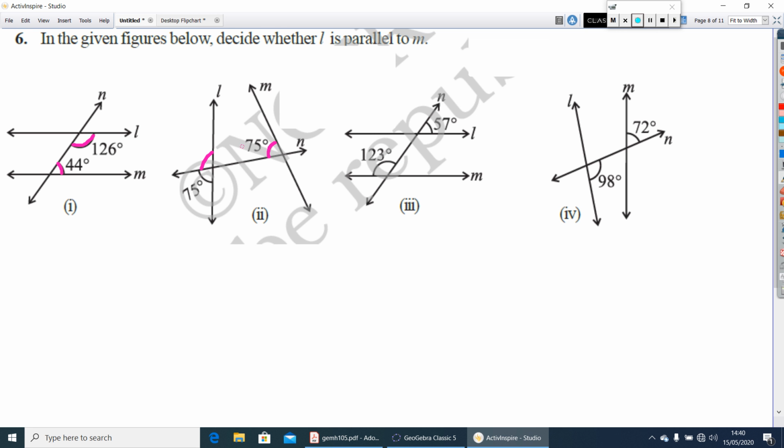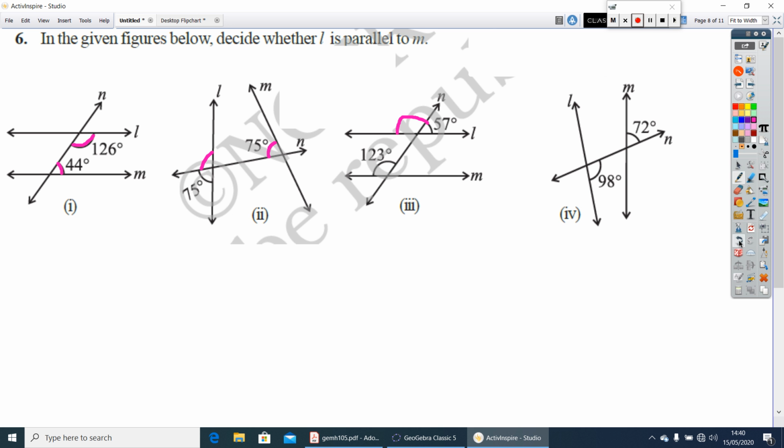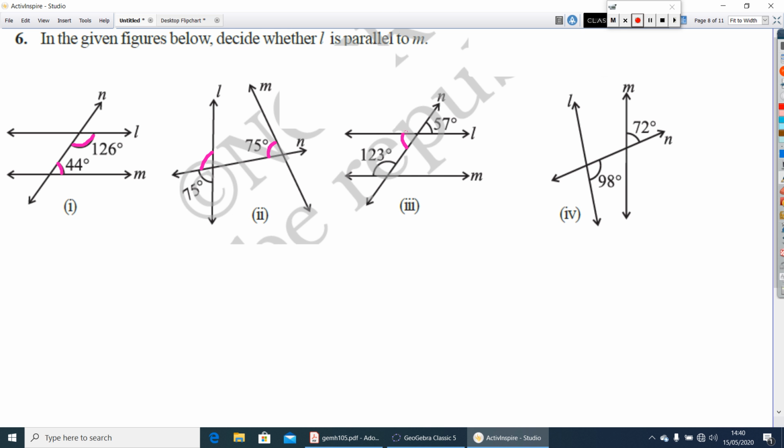Here also the same. Either you can find this angle, or you can find this angle is equal to 57 by vertically opposite angles. So if the sum of these two angles is 180 degrees, you can find out. Otherwise you check whether corresponding angles are equal or not. Here also in the same way you can find it.